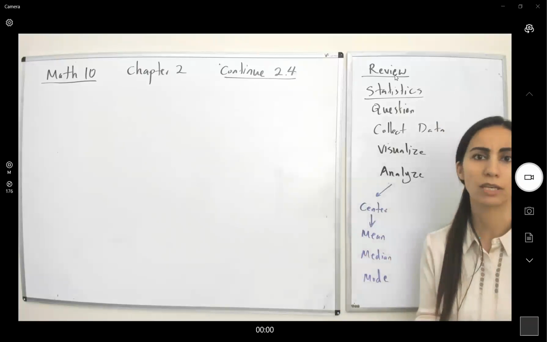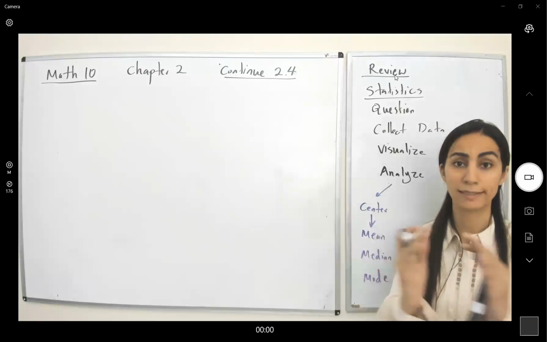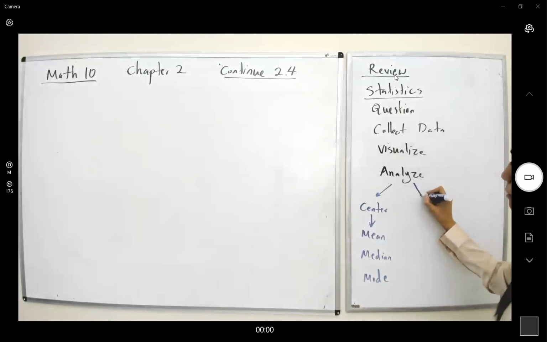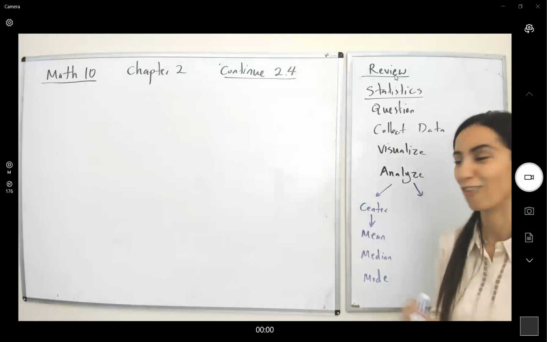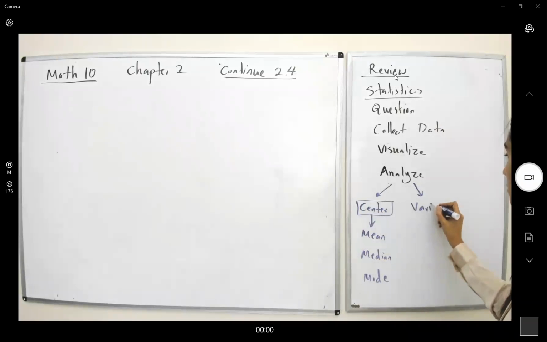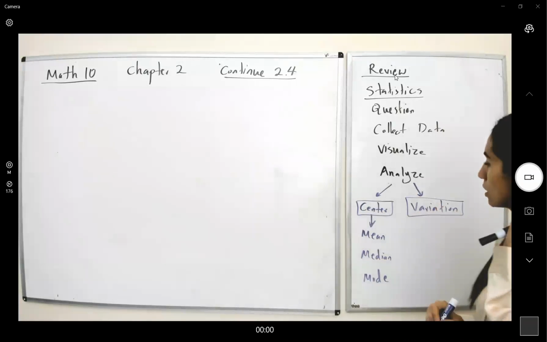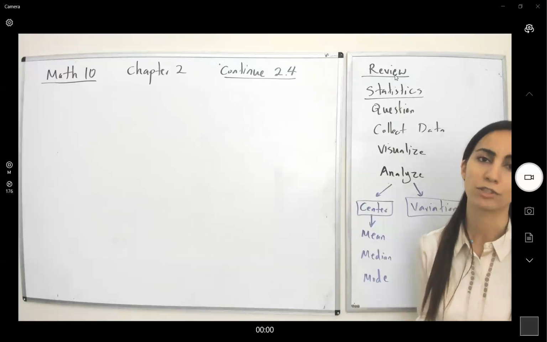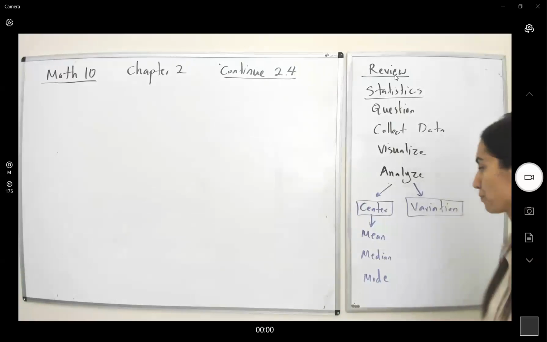Then we said, okay, now that we talked about the center where the data are clustered, we're interested in variability of our collection. So center and then variation, variability. When we talk about variability, the very first one that we talked about was the range.